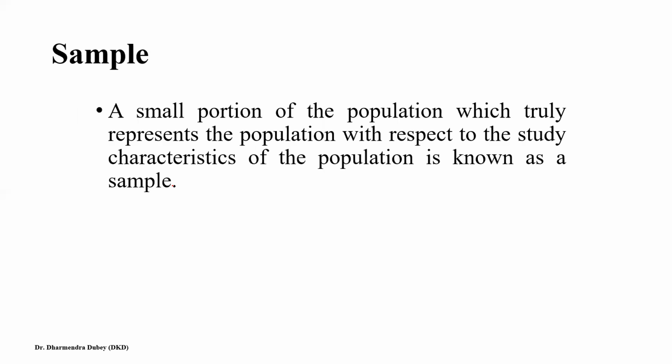Once we know sampling, we need to understand the sample. What is the sample? We can define it as a small portion of the population which truly represents the population with respect to the study characteristics, and that is known as a sample.